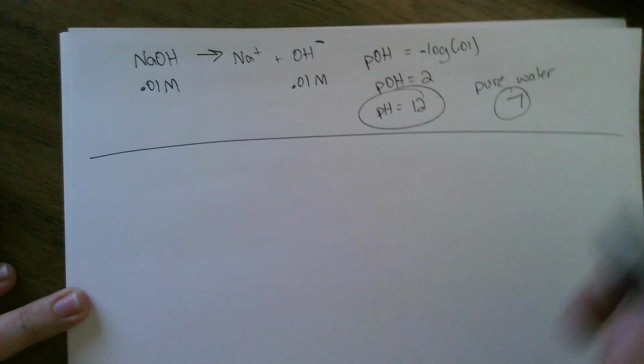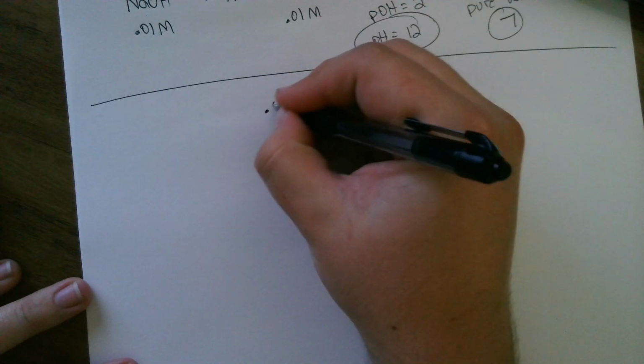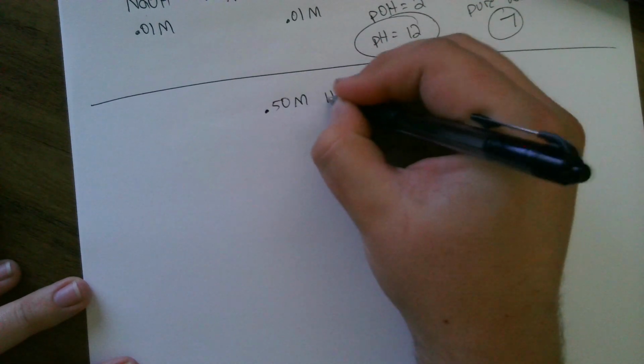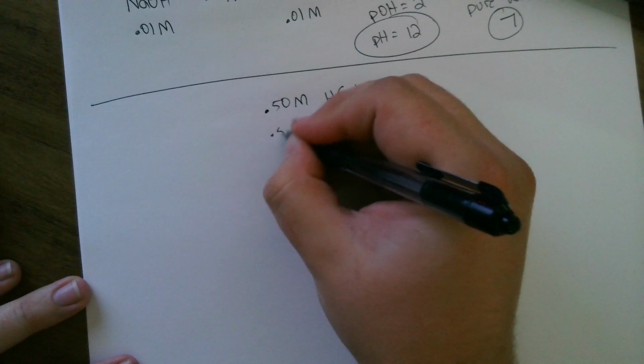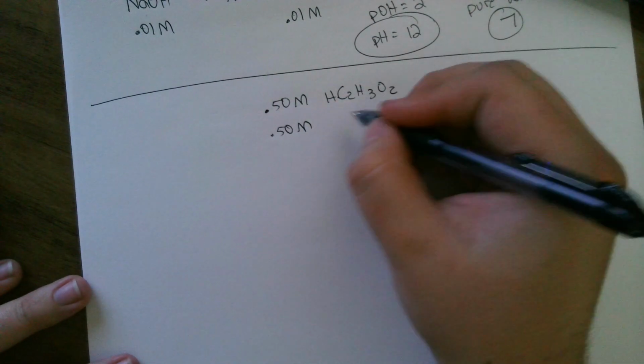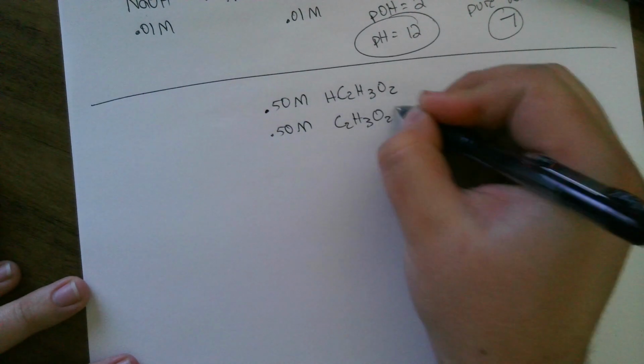Okay. Next problem, we have that same buffer. We have our 0.5 molar acetic acid. We have our 0.5 molar sodium acetate, or really all we care about is the acetate part.